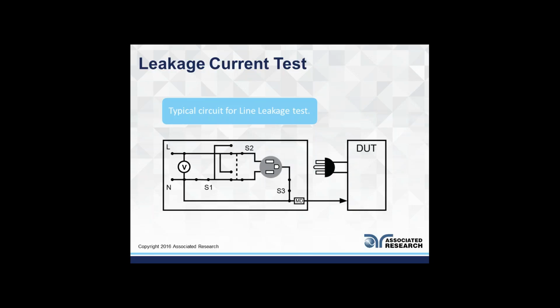The leakage current is measured at a metal chassis point or a ground point on your product, and we're going to put a measuring device in line to measure this resulting leakage current. The measuring device is made out of the equivalent resistance of what a human body would look like that comes in contact with the DUT.